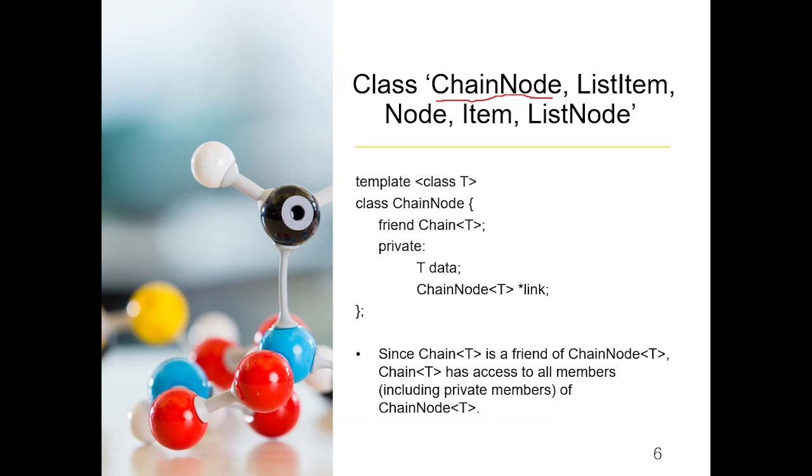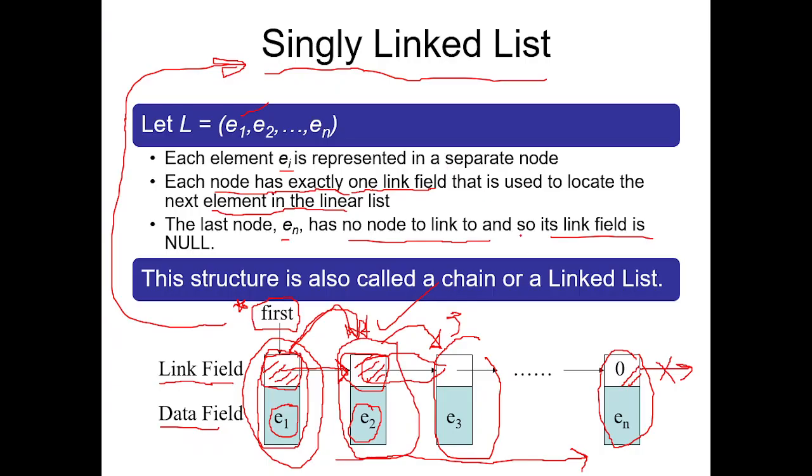He uses this term chain node to refer to this node. This node can also be referred to as a simple node, an item, or a list item. So there are different names that people use for this node.